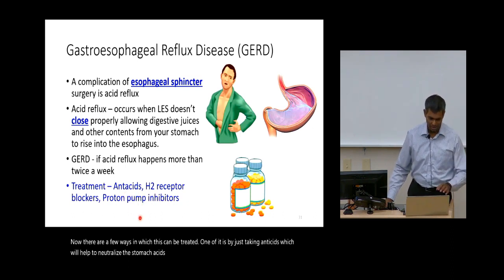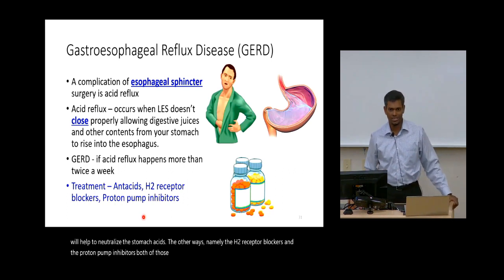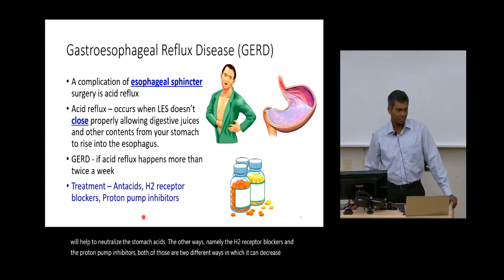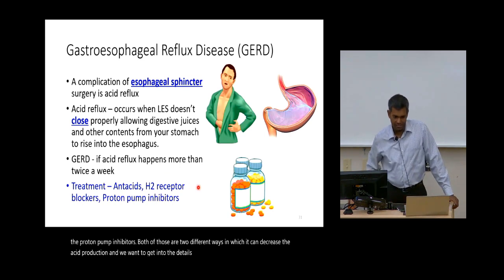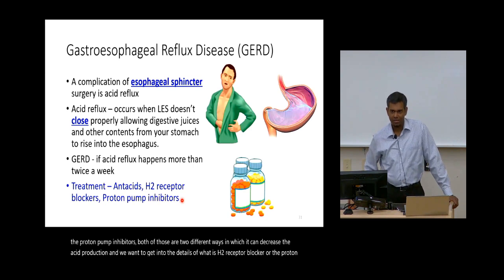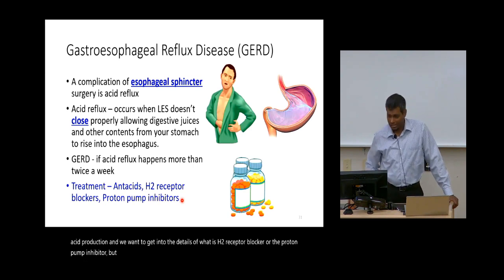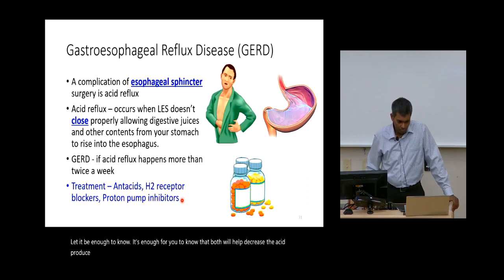The other ways, namely the H2 receptor blockers and the proton pump inhibitors, are two different ways in which it can decrease the acid production, right? We won't get into the details of what an H2 receptor blocker or a proton pump inhibitor is, but it's enough for you to know that both will help decrease the acid produced.